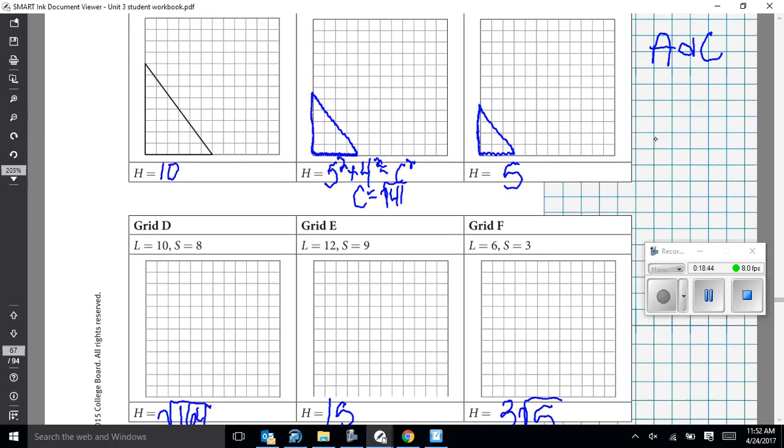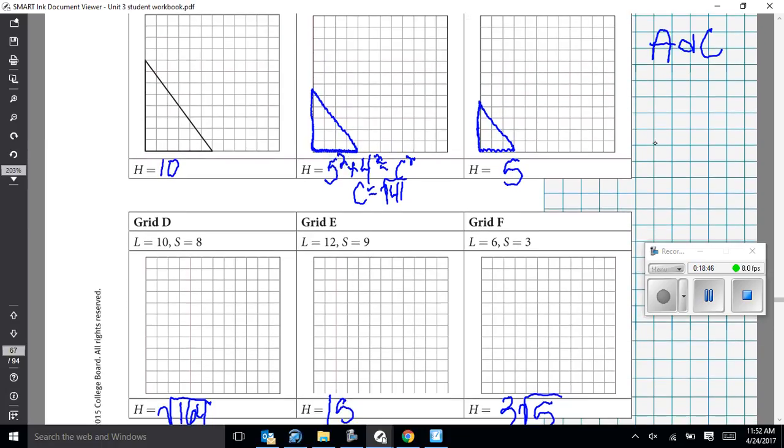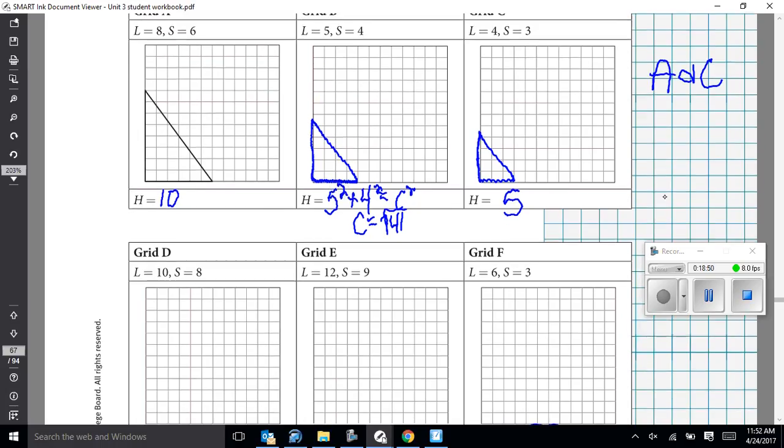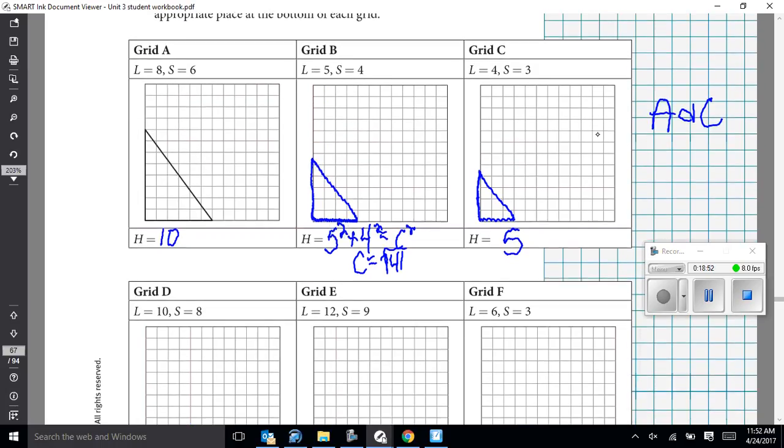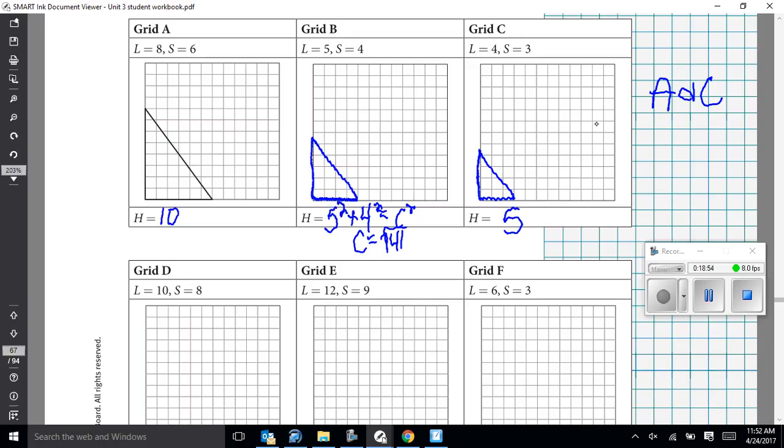All right, so looking at D, what triangles is that triangle similar to? 8 times what gets us 10, and is 6 times that the same thing? B and D are similar, multiplying by 2 or half.